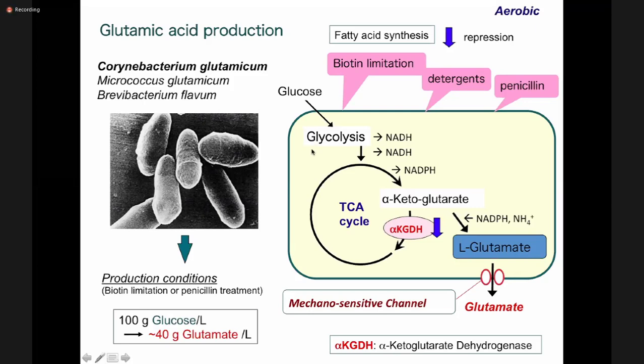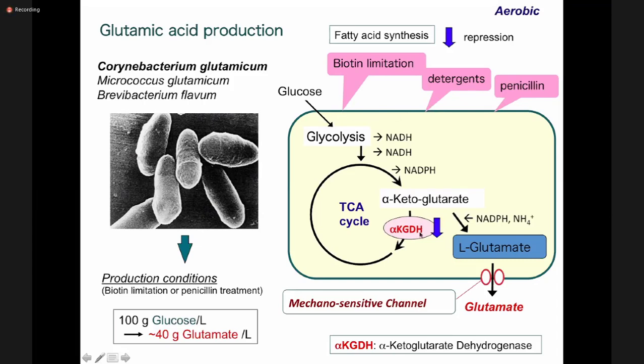So if you limit biotin, of course growth is limited, and also the membrane is somehow weak, a fragile membrane, very easy to degrade.